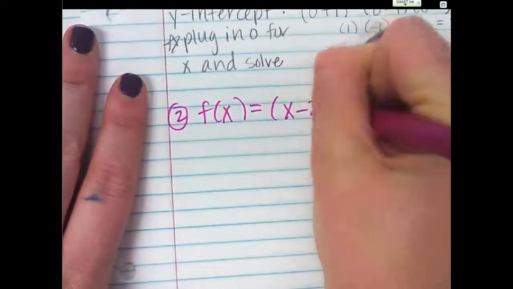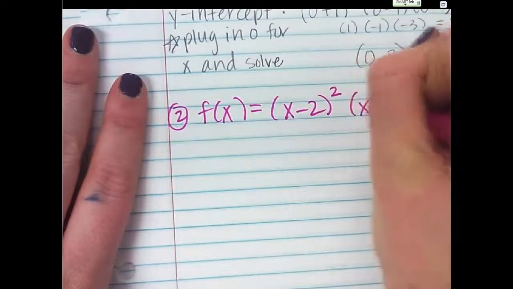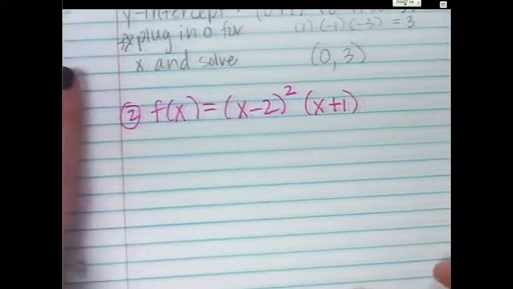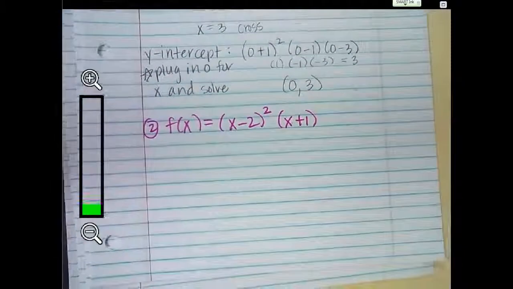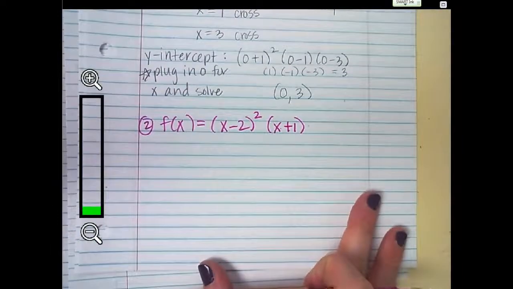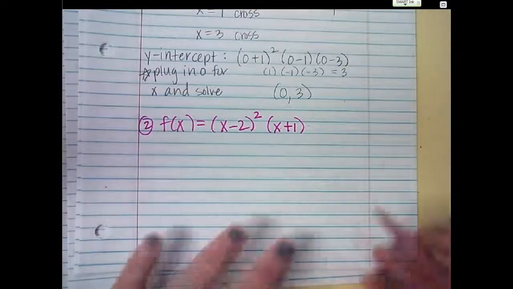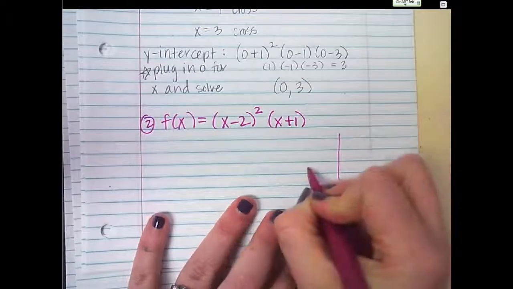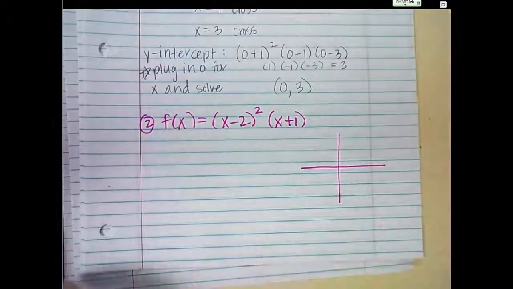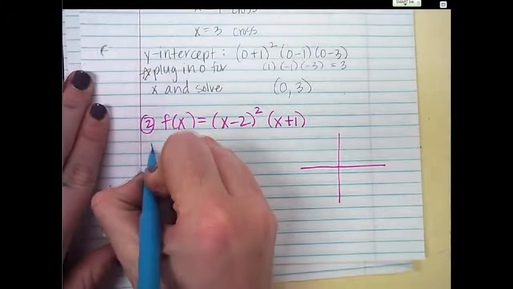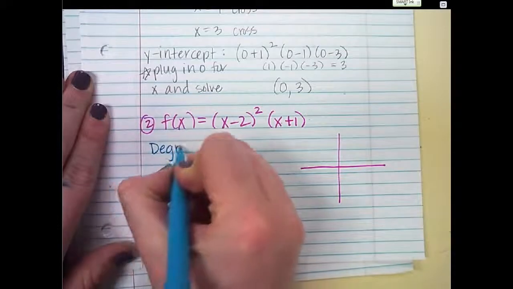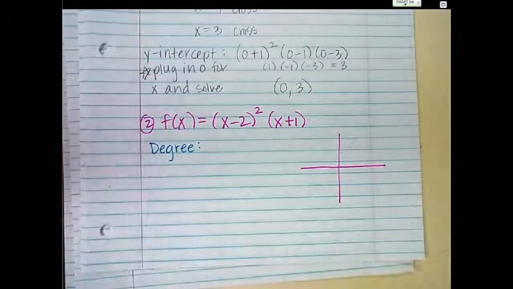x minus 2 squared, times x plus 1. I'll make my xy axis, so we're ready for that. So start with the degree.